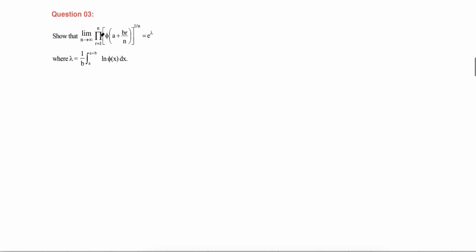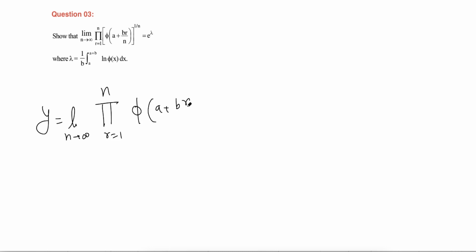This means multiplication. Right? This question. Okay, let's take this part and try to solve it. I'm assuming y equal to limit n tending to infinity, pi r equal to 1 to n, phi of a plus b r by n, whole power 1 by n.